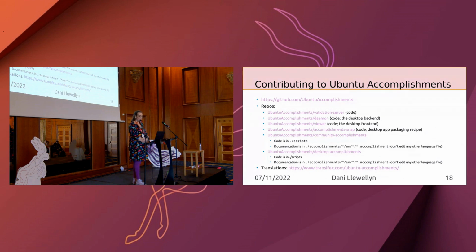We do need translations and updating of the instructions included in those. So the documentation is in the path listed and the code is in the scripts directory. And I use Transifex to ensure that the translations are correctly applied and handled and monitored, basically.